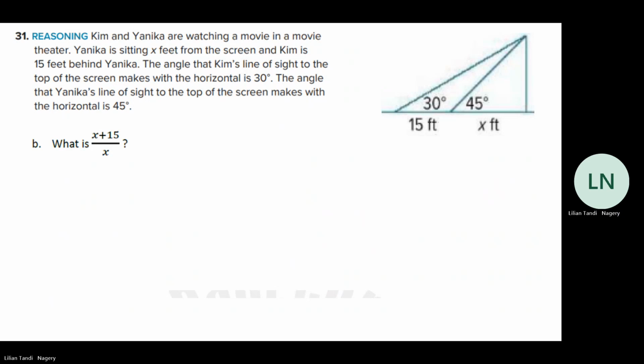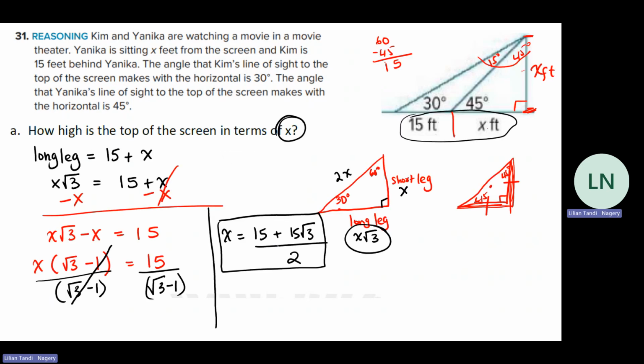Okay. Then the question asked you, what is this? So, X plus 15 over X. We just found out what X is. This is X over here, 15 plus 15 square root of 3 over 2.